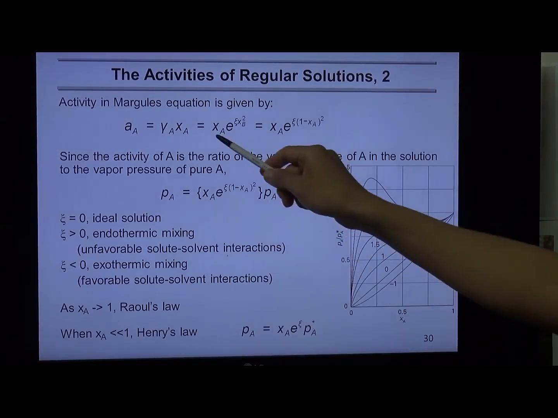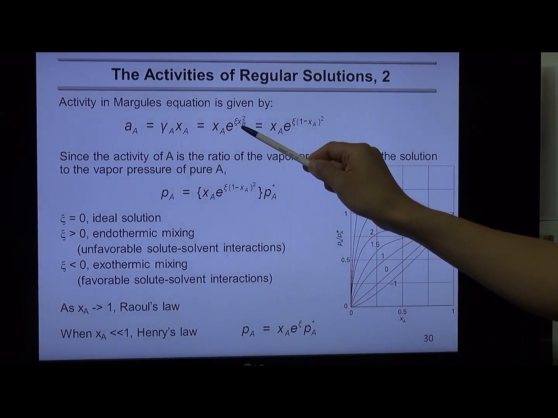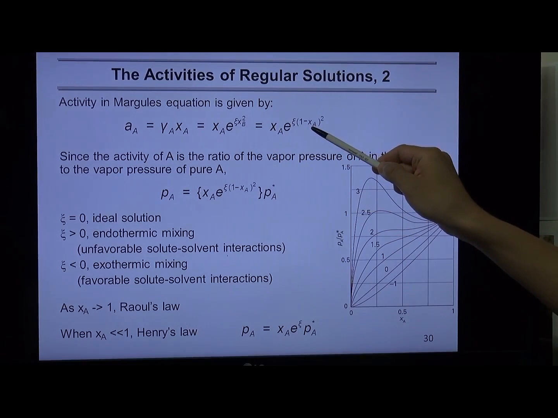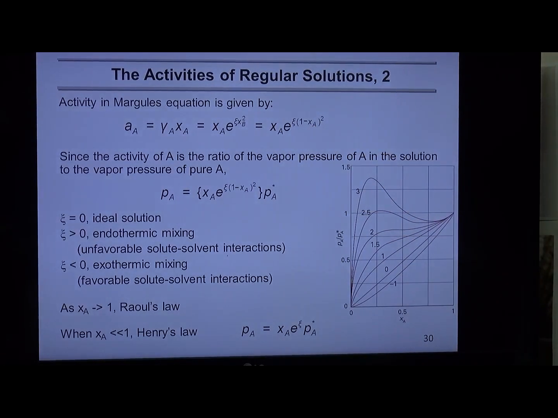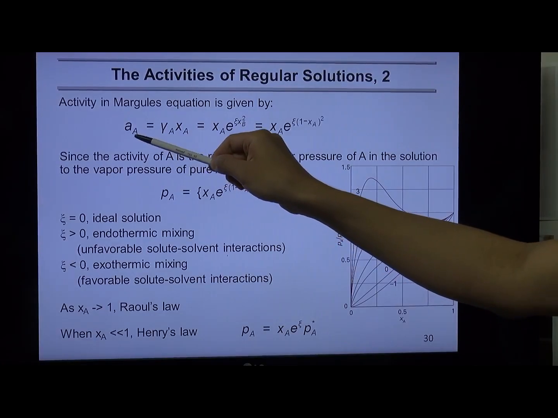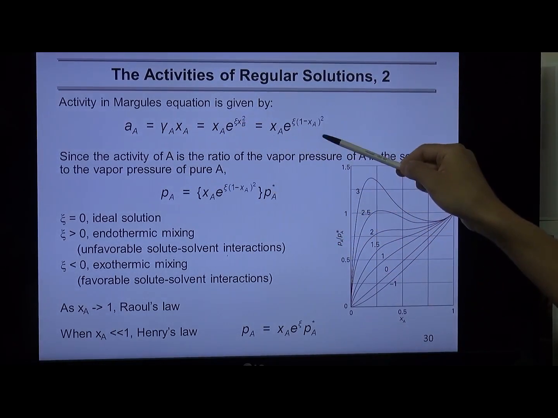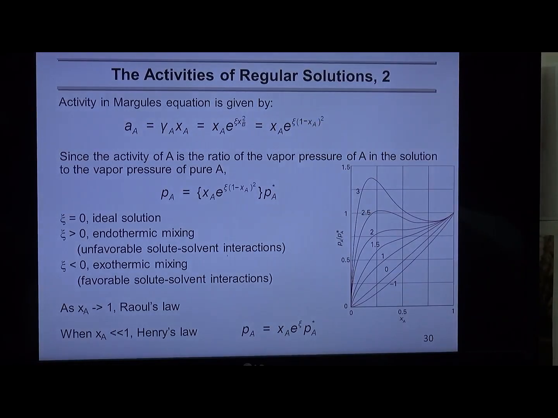And we can change xb to 1 minus xa. So activity of solvent A is represented by xa e to the psi (1 minus xa) squared.